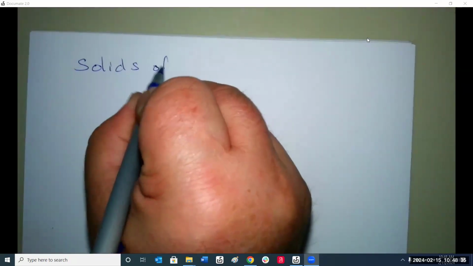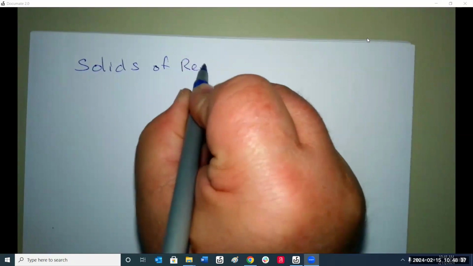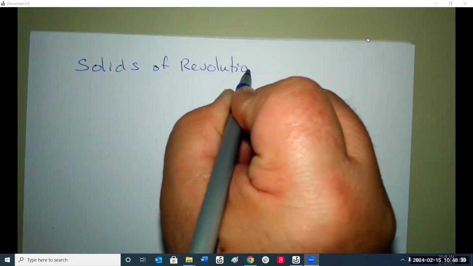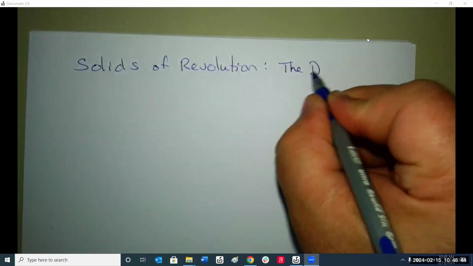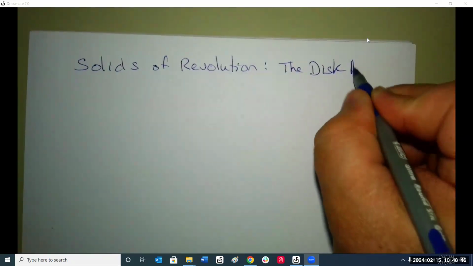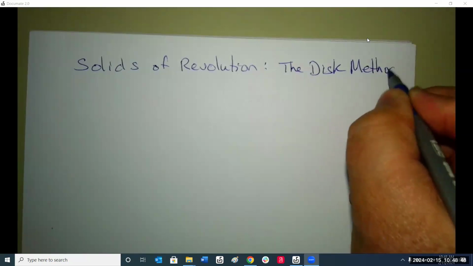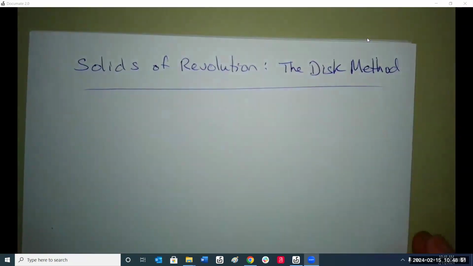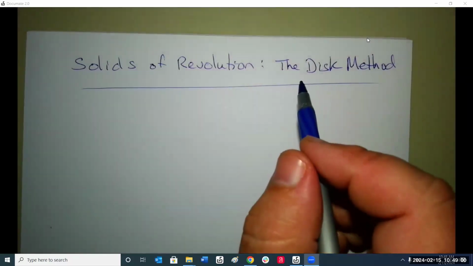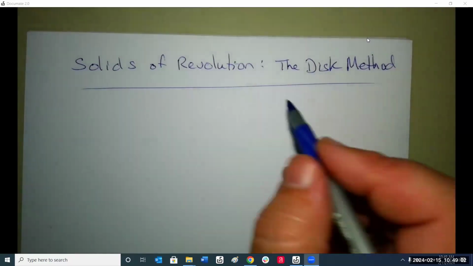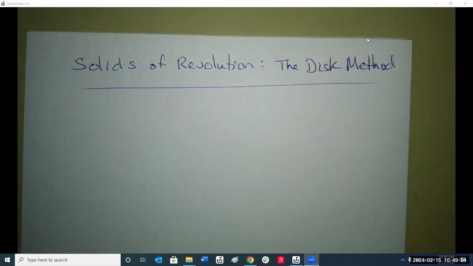Solids of revolution. The disk method. So this method is simply a solid or a plane that's being rotated about a specific axis.